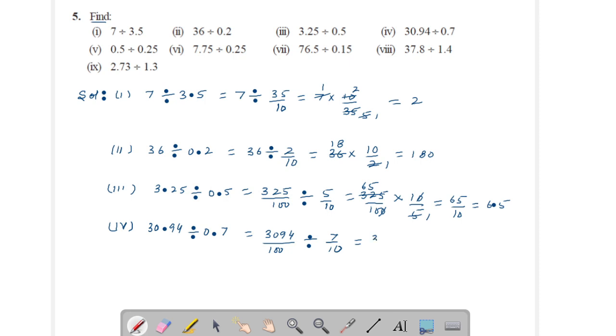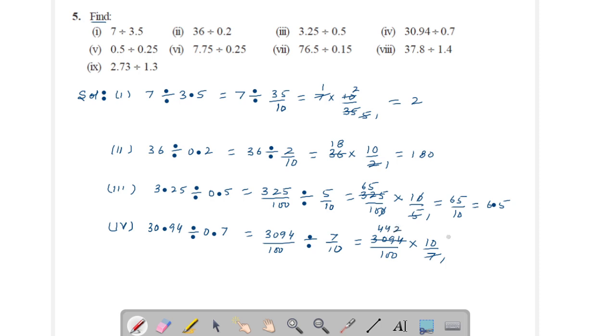This can be written as 3094 upon 100 into the reciprocal of 7 upon 10, that is 10 upon 7. Here cancel 7, 1 is 7, and cancel 3094 by 7. 7 4 is 28, 7 4 is 28, 7 2 is 14.